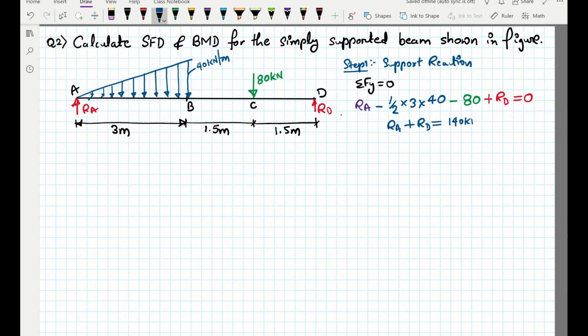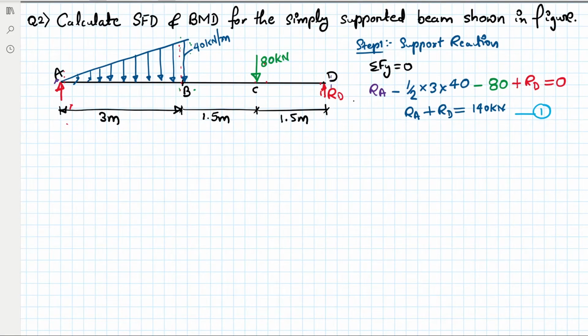The second equilibrium condition I am going to apply is that the summation of moment about any point on the system, which is in equilibrium, should be equal to 0. In this case I am going to take summation of moment about A equal to 0.